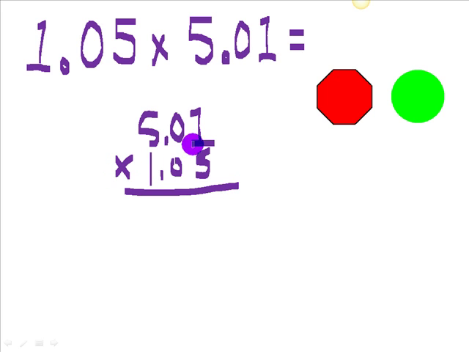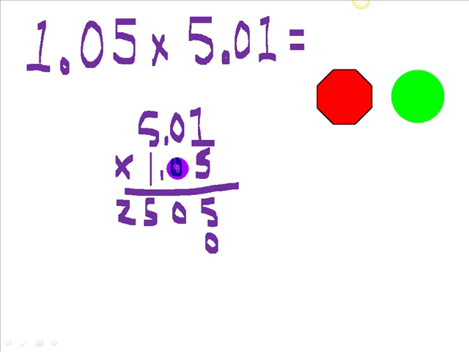Now I multiply. Notice that I've lined up my last number as far to the right. So I have 5 times 1 is 5. I have 5 times 0 is 0. And 5 times 5 is 25. So I have 25.